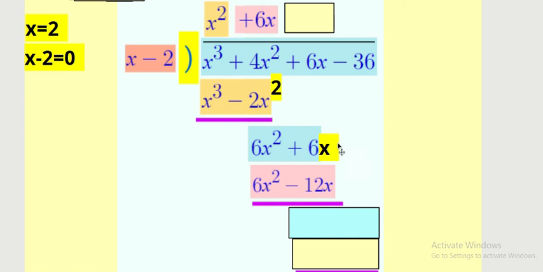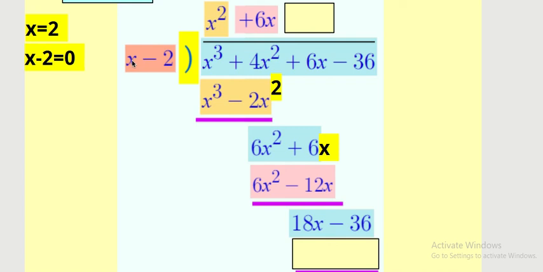So now we're going to combine this, but first we change the signs again. So negative 6x squared, that goes away. But when I change this negative 12 to a positive 12, 12 plus 6 is 18x. But remember, now I bring down the negative 36.